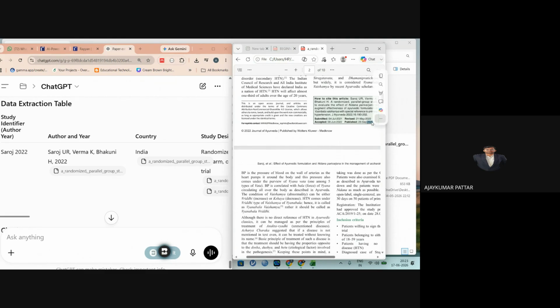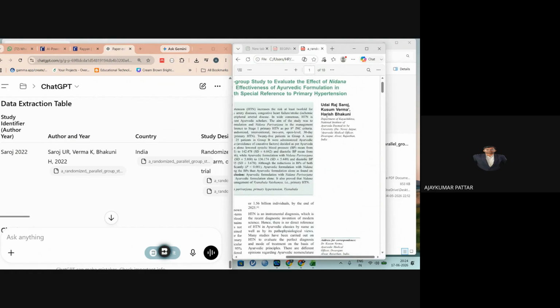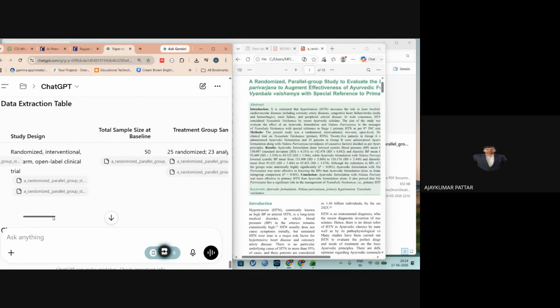So published 2022, it has taken the 2022 correctly. Then author and year: the authors are Uday Saroj UR, that has been taken. Then Verma K, so that has taken the initial. Then Harish Bakuni H. So it has taken properly in the shorter version. Then country India, as this paper is from India. The study itself was conducted in India, and it has taken the correct one.